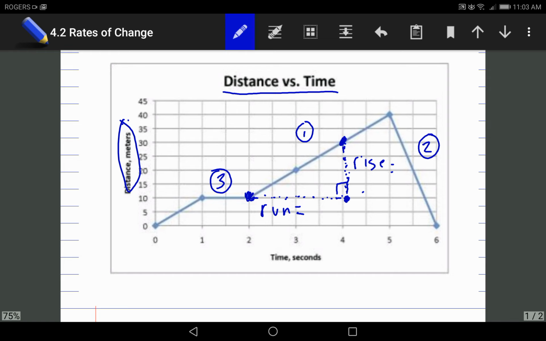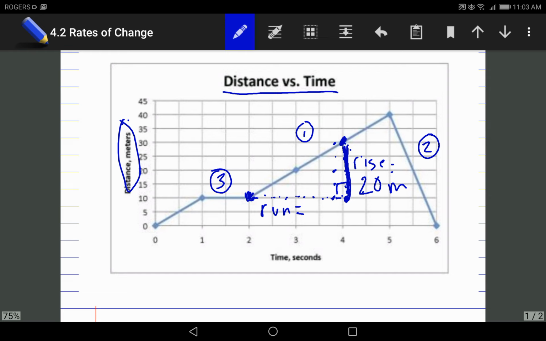So starting from here, I'm going up 5 from here to here, then another 5, I'm at 10, 15, until I get to 20 up there. So this whole line here, that rise part of my triangle, is worth 20, and my units is meters. So it's worth 20 meters. I went up 20 meters.